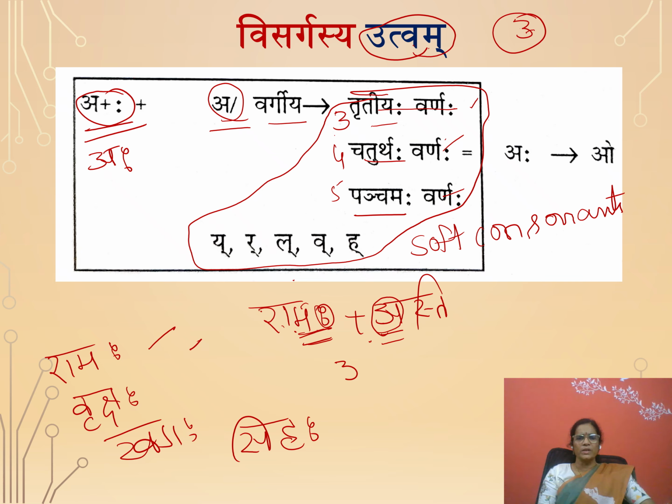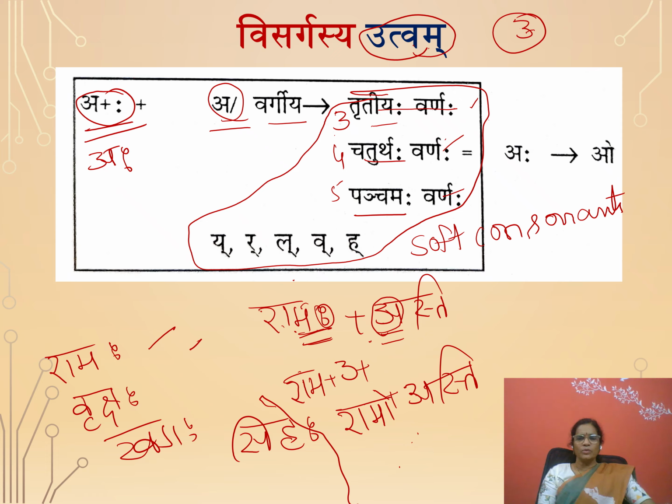Vu. In the place of visarga, vu. Here Rama plus vu, what will happen? Ramo, like Guna Sandhi. Understood? Ramo plus asti, right? Ramo plus asti. Till here you got it. It looks like maths, right? Okay. Ramo plus asti. Here Ramo is there.